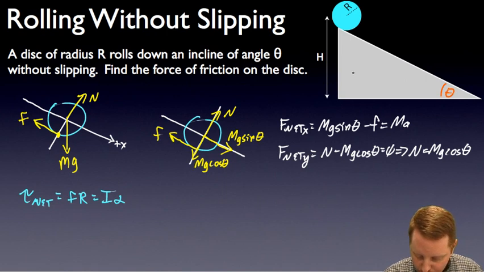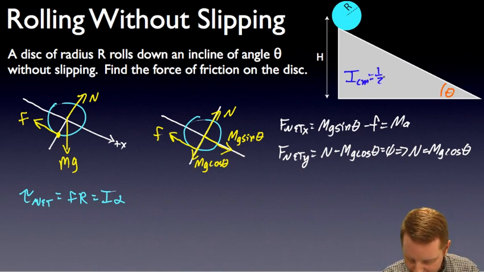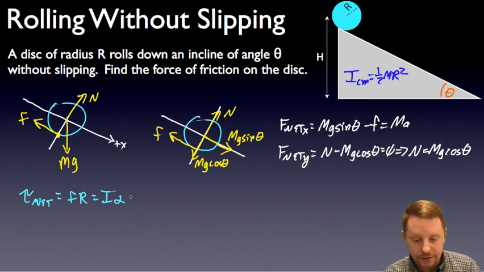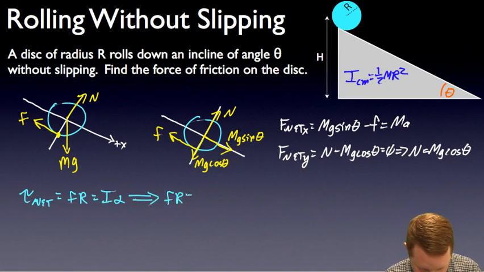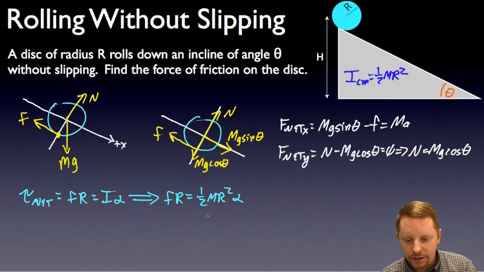So if you recall, the moment of inertia of a disk rotating around its center of mass is going to be 1/2 mr squared. So as I come back here, I'm going to replace my moment of inertia I with 1/2 mr squared to say that Fr equals 1/2 mr squared alpha. And right away, we see that we have an r that we can divide out of both sides. One r and the squared will go away there.